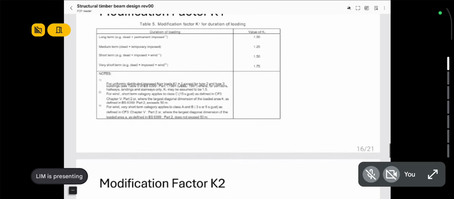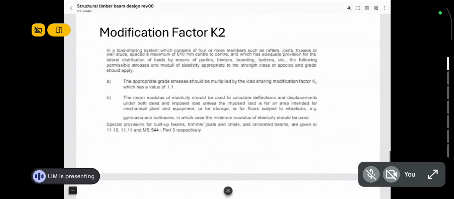All right. Now, modification factor K2. So all these clauses are from the code, Eurocode 5. Modification factor K2 is to do with the load sharing system. What that means is, for example, you have joists or elements which are very close to each other.